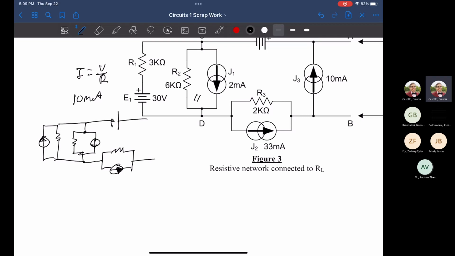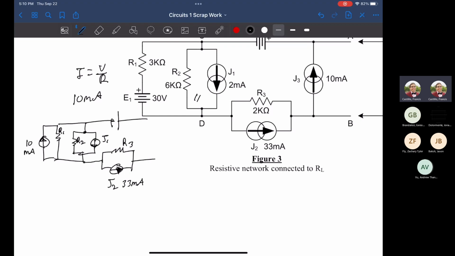Here's that, okay? So from here, we can see this is R1, R2, J1. We're just going to keep this as 10 milliamps. I'm not going to label anything. But here we can see this is J2, this is R3, this is 33 milliamps right there.